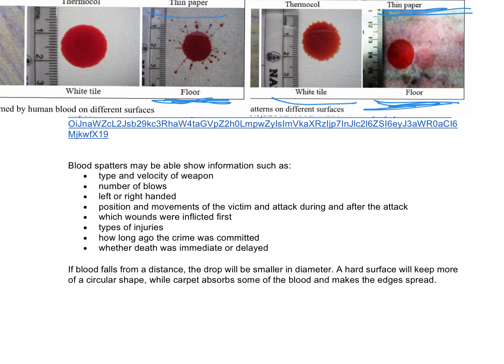If the blood falls from a distance, the blood will be smaller in diameter. Hard surface will keep more of a circular shape, while carpet absorbs the blood and makes the edges spread. So through blood splatter analysis, you will be able to learn more about what happened.